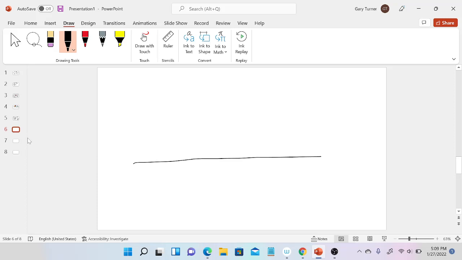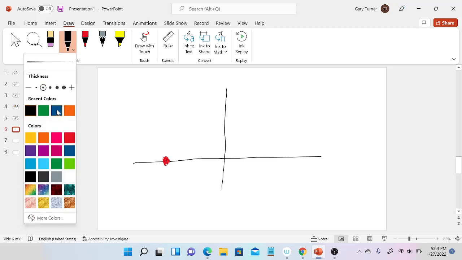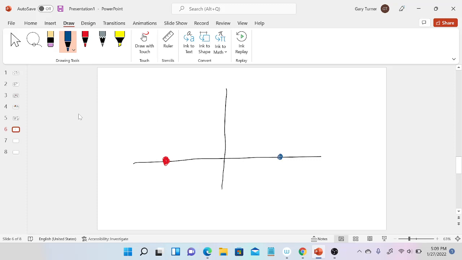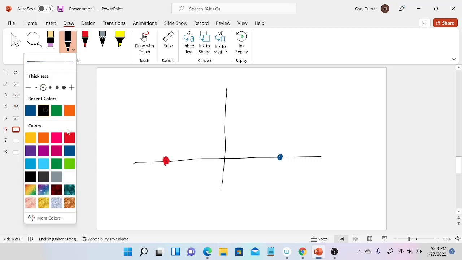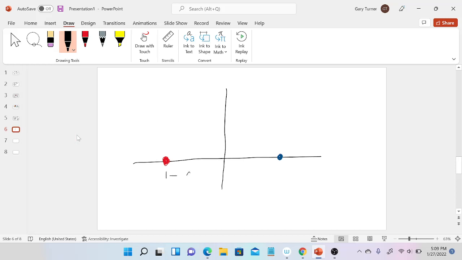If I have an axis, and let's say I have a positive charge here and a negative charge here, and both these charges are a distance a away from the axis, okay?